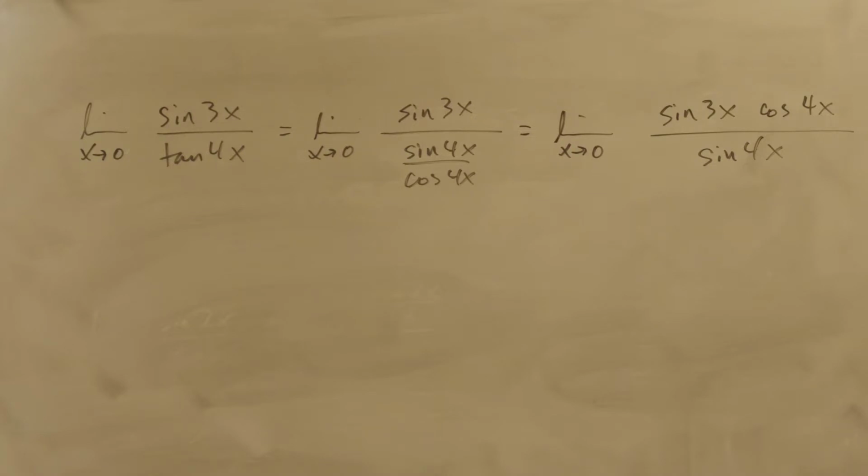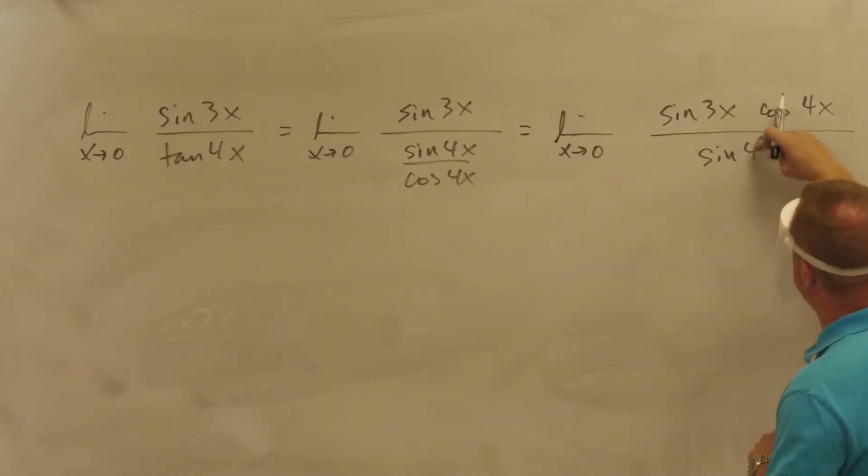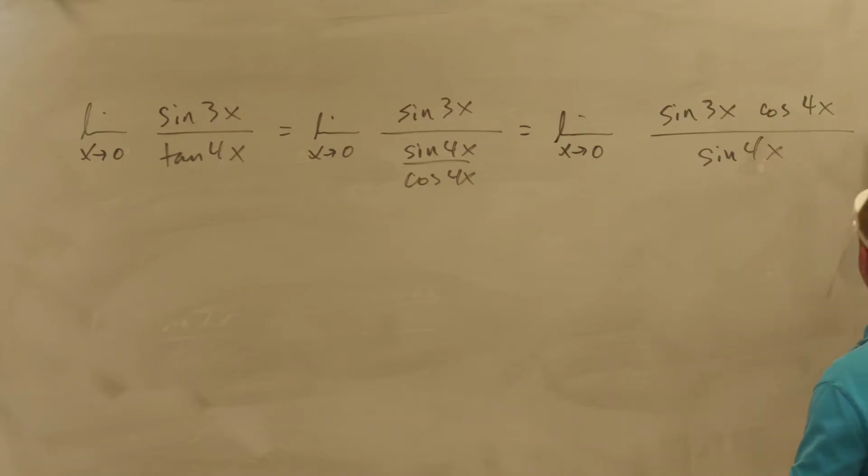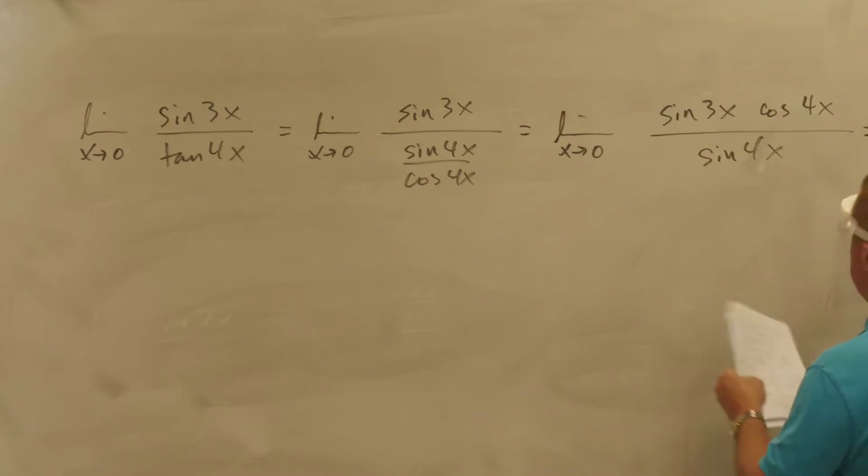Now again, with limits, remember, yes, we're dividing, yes, we're multiplying, but you can just take the limit of everything separately and multiply and divide, and it's fine. So no quotient rules or any of that. This is pretty much the same thing we had in the last problem. Same type of situation. So what you could do is rewrite it like we did in the last one.